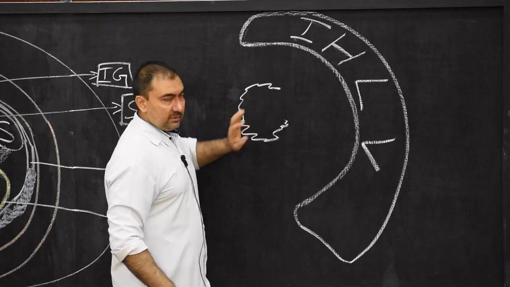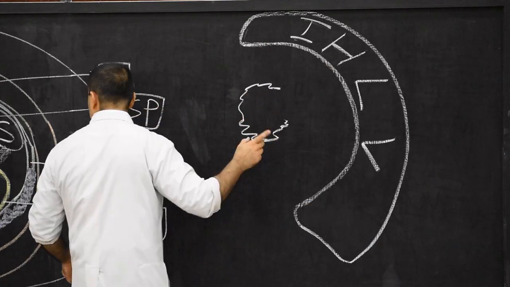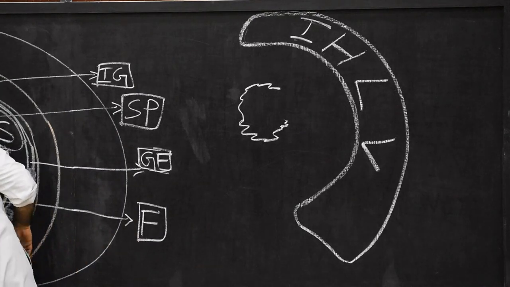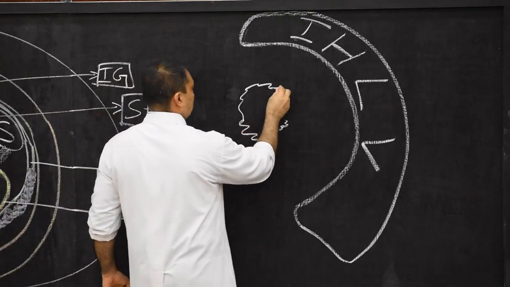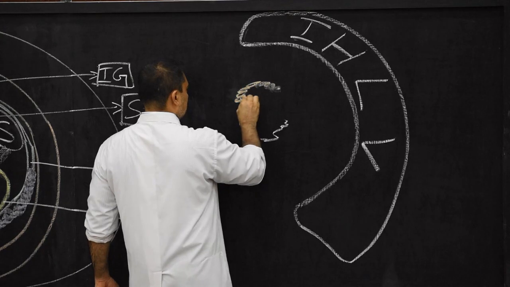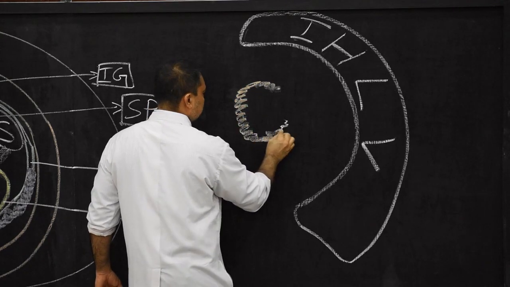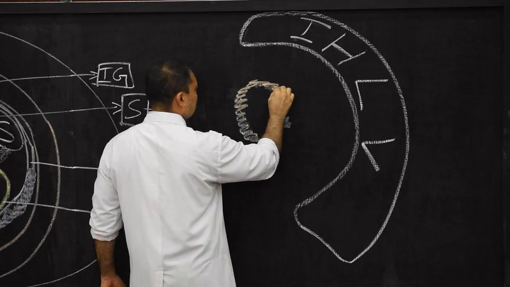Next we draw this. So therefore now we will use here orange color. Once we draw, this will be the dentate gyrus, this entire portion.